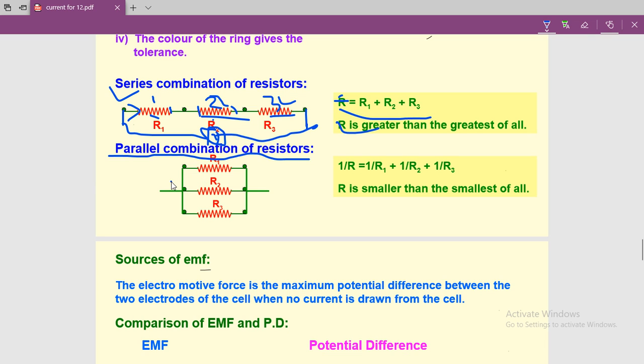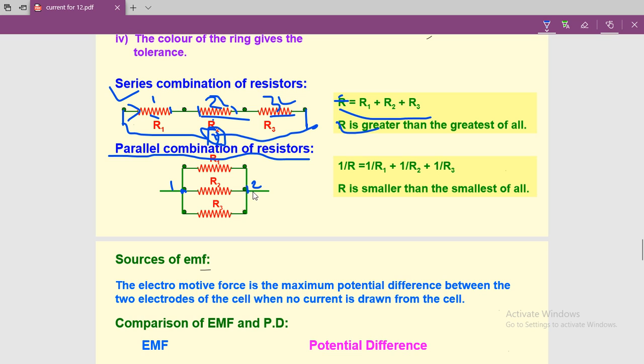Suppose this point is 1. One end of each resistor is connected at this point. Now the second end of each resistor is connected to another point, that is point number 2.